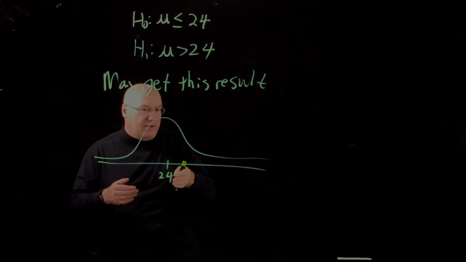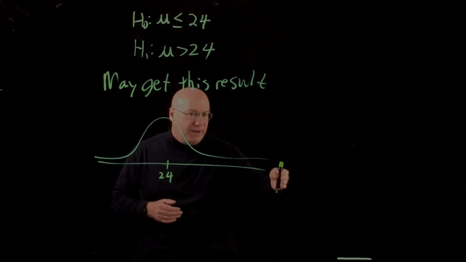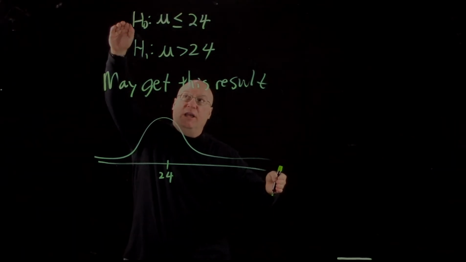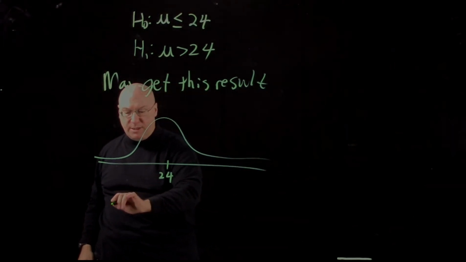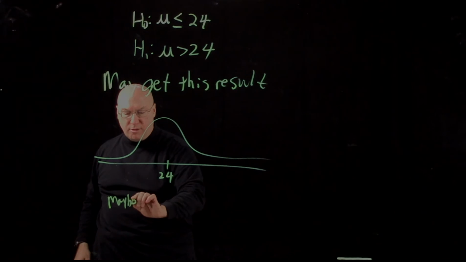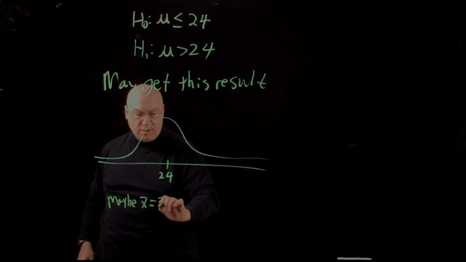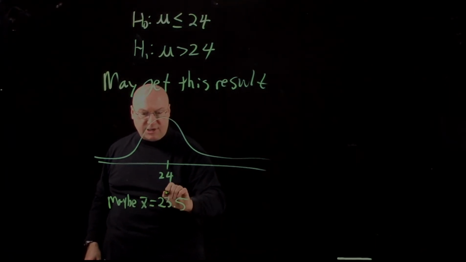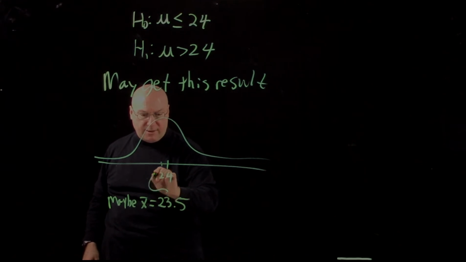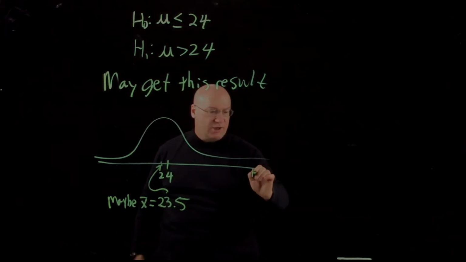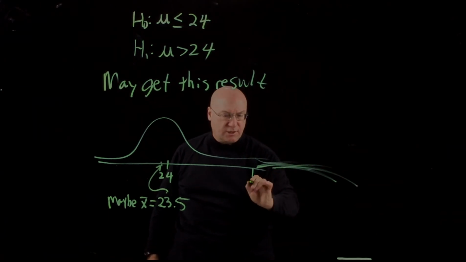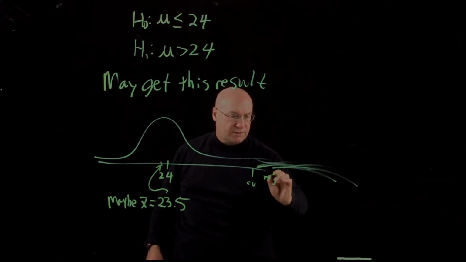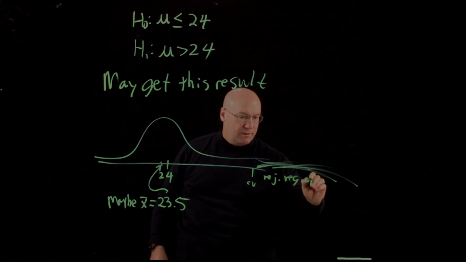So I'm thinking, hey, if x bar is out here far enough, I'm going to reject the null and believe the alternative. Well, it could happen that x bar is actually like right here, right? If the rejection region is out here, let's just say this is the rejection region. This is our critical value, whatever it is, and out here is the rejection region.